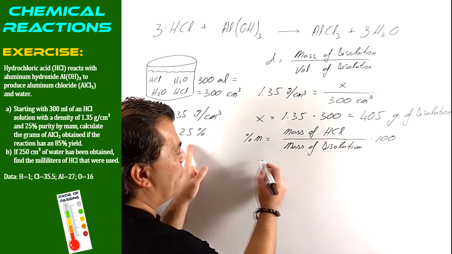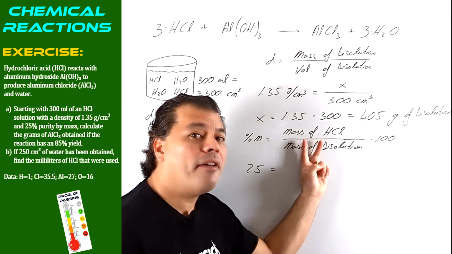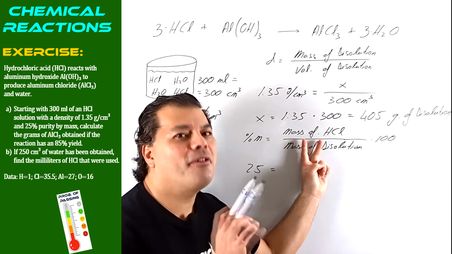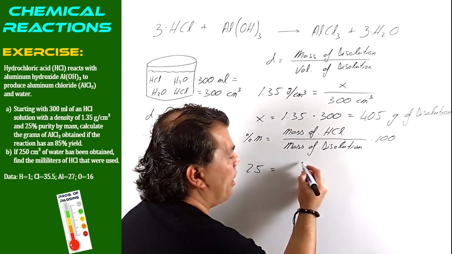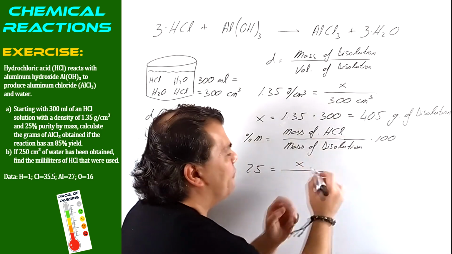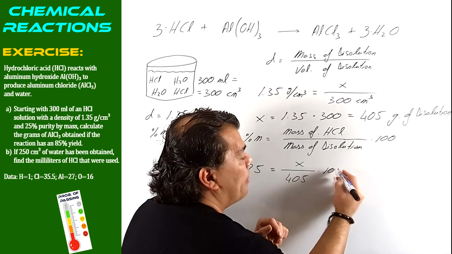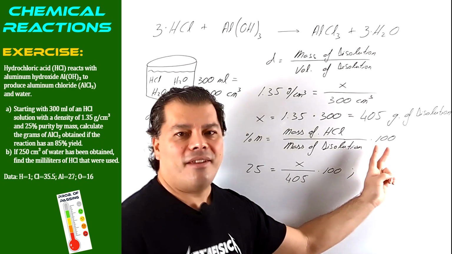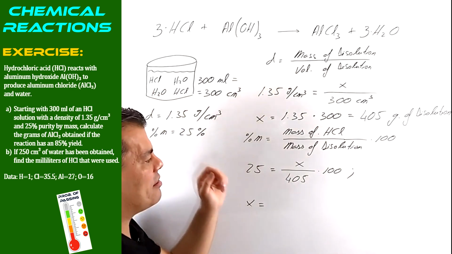This is 25. Must be equal to the mass of hydrochloric acid, only hydrochloric acid, not with water, which is X, divided by mass of this solution, 405, also multiplied by 100.